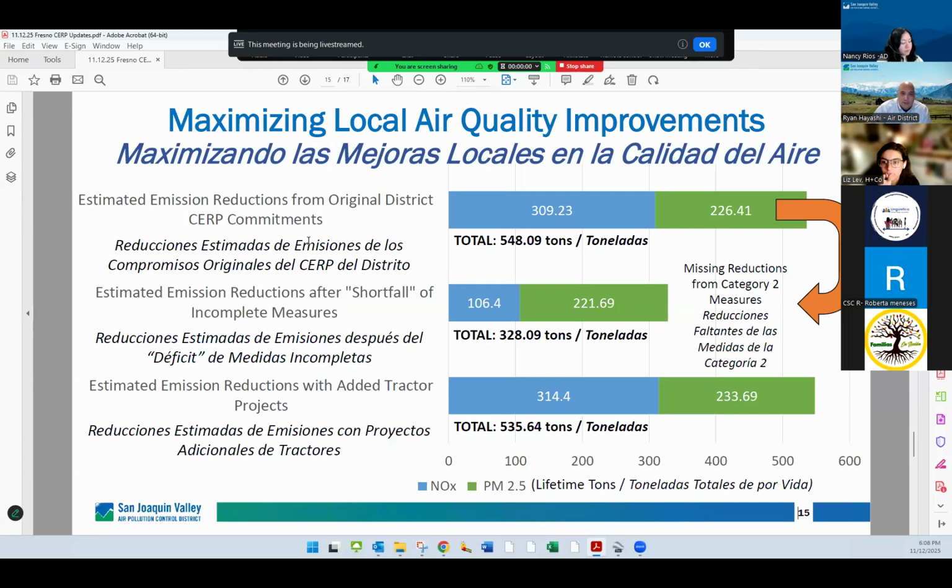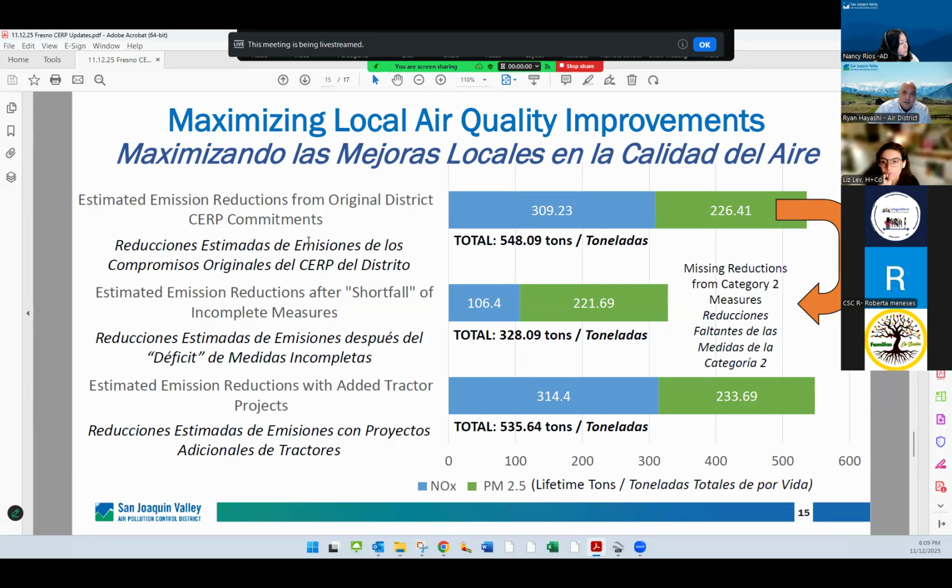In an effort to always be upfront and provide everybody with the information, the top line were the estimated emission reductions in the SERP only from the district measures.